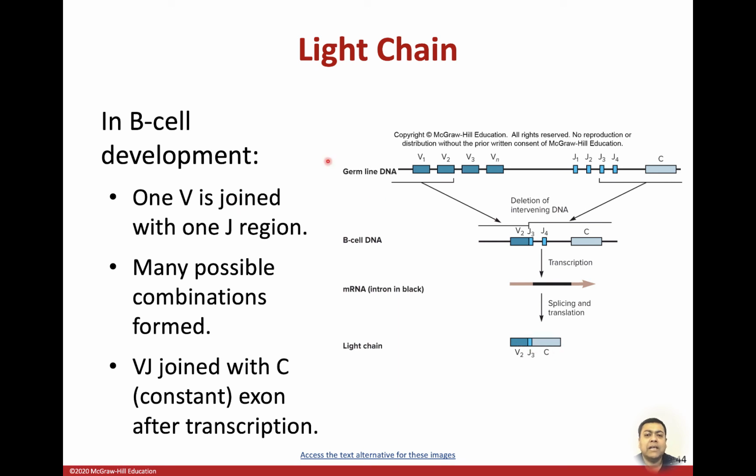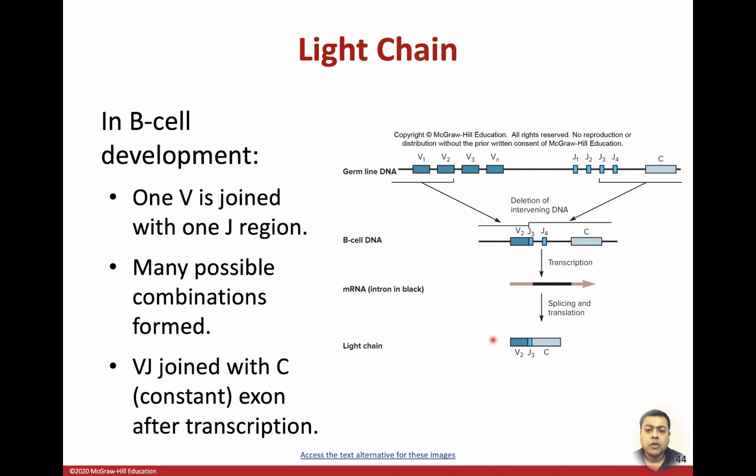So think about that. You have so many different V regions, so many different J regions. How many different combinations can happen in the variable region? Remember that the constant region is the same in all different classes of antibodies, because this doesn't bind to the antigen. This V and J region is the variable region, which is responsible for binding the antigen, and all these combinations are going to lead to this diversity.